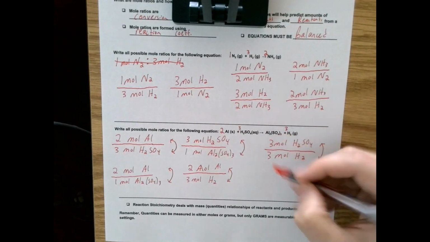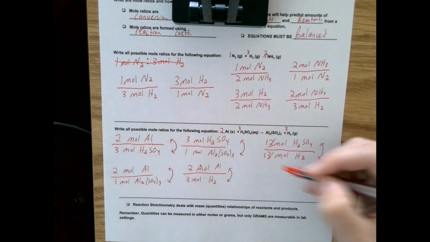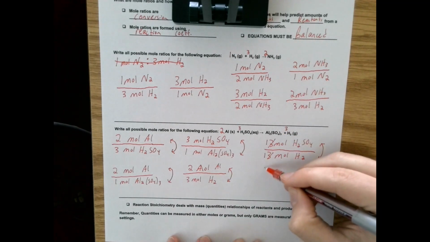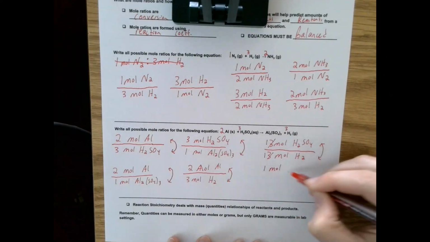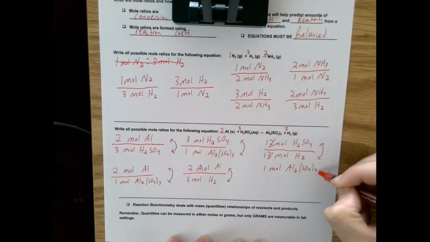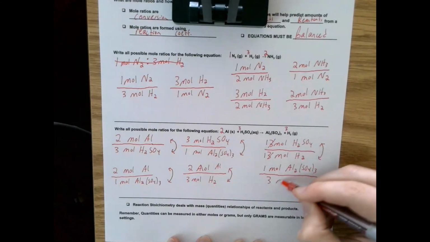So instead of 3 and 3, if you wanted to say 1 and 1, that would also be perfectly okay there. And there's one more that I'm missing. Here we go, aluminum sulfate versus hydrogen. So I can say if 1 mole of aluminum sulfate were produced, then I would also produce 3 moles of H2.